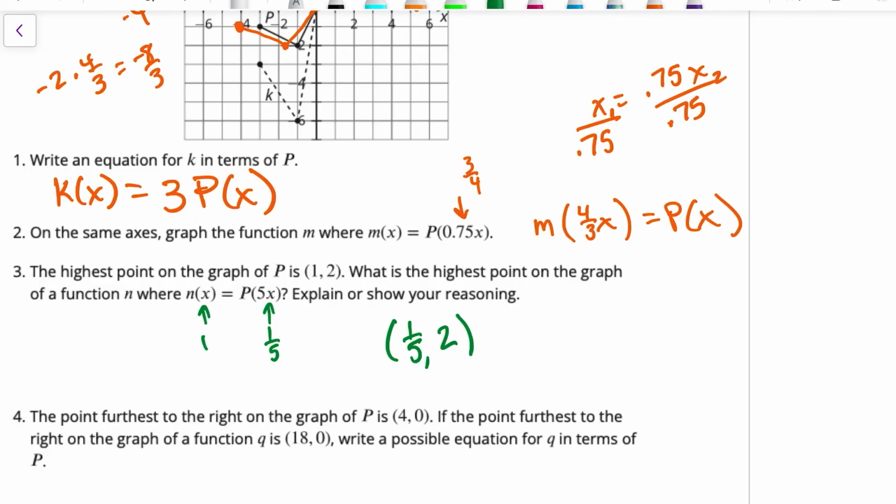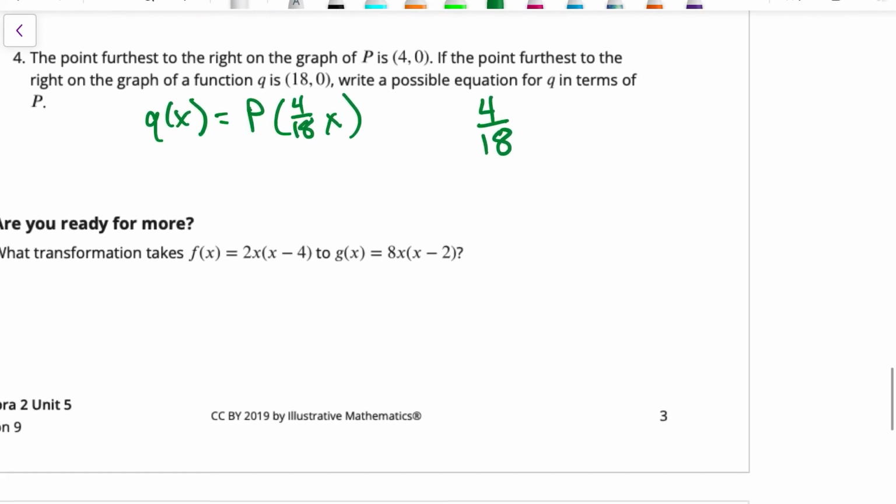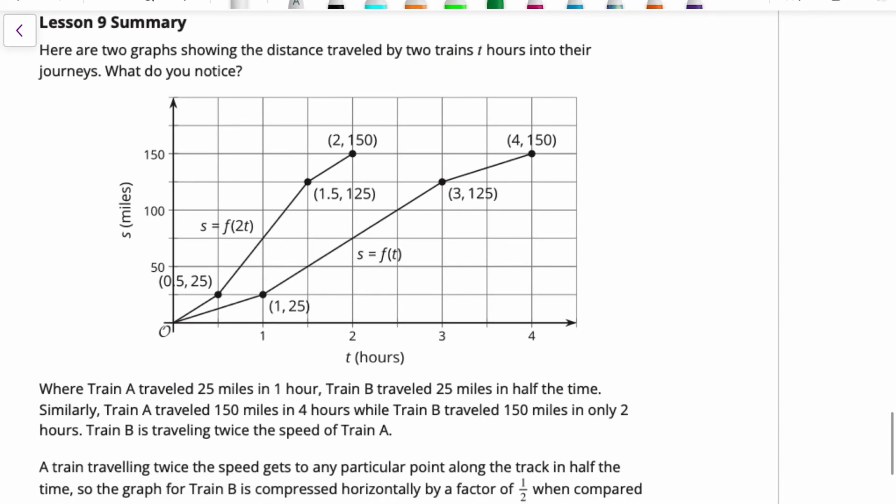So our Q of x is equal to P of something times x. And remember, we are stretching from 4 to 18, so we're looking at 4/18 x. All right, and you can go ahead and take a look at that summary if you want to review.